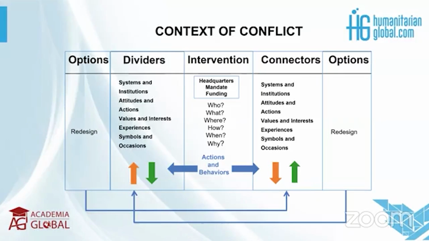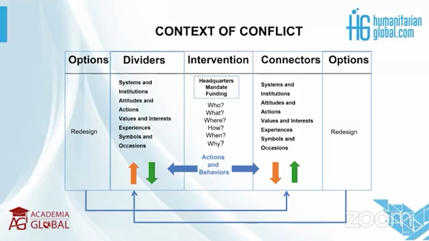Our time is actually done. You can look through and see that, 1, you have analyzed the context. You have understood the dynamics between or among the different groups. Then you have your intervention. In the middle, the headquarters, mandate, funding: these are things that you cannot change.